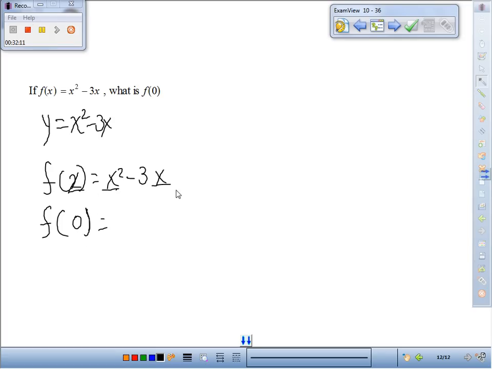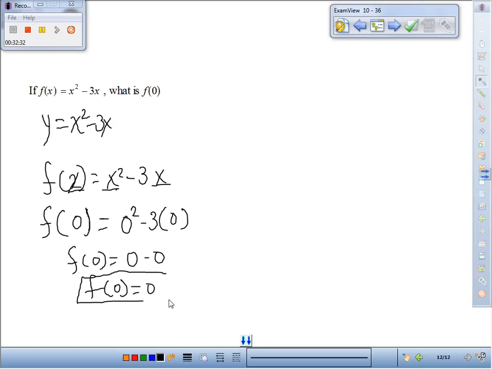So everywhere there's an x, what am I going to write? 0. So this is 0 squared minus 3 times 0. So what is 0 squared? And what is negative 3 times 0? So we write f of 0 equal to 0. This is the solution. Copy that, please.